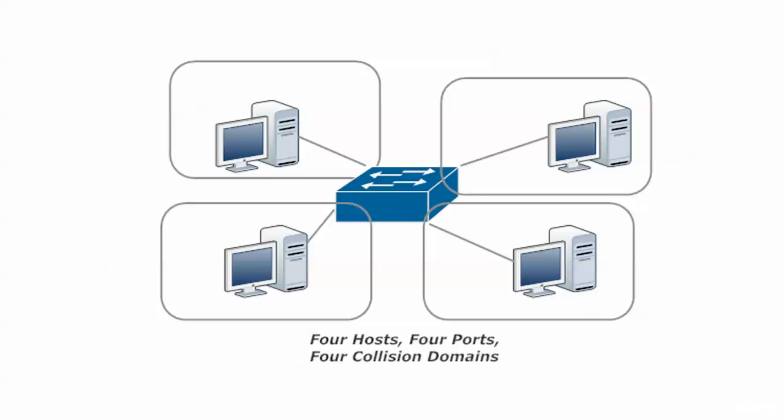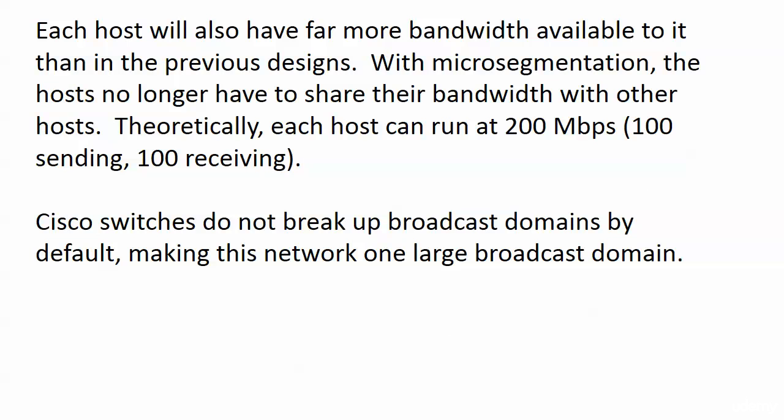Now, what about the broadcast domains? What do you think at this point the default behavior of the switch is going to be? Well, as you see on the bottom of this screen, Cisco switches do not break up broadcast domains by default. And this network is still one large broadcast domain. A quick note about what I have at the top for you as far as microsegmentation.